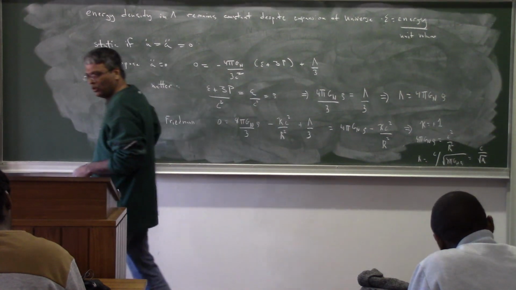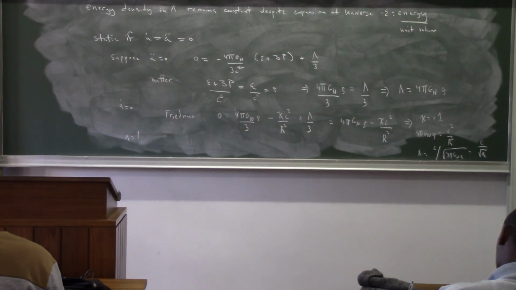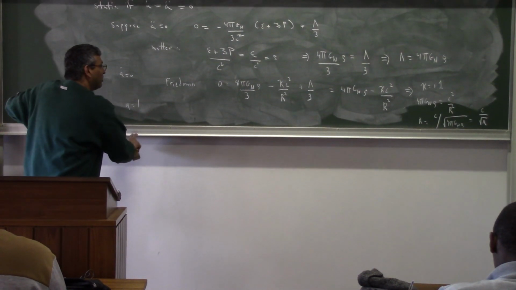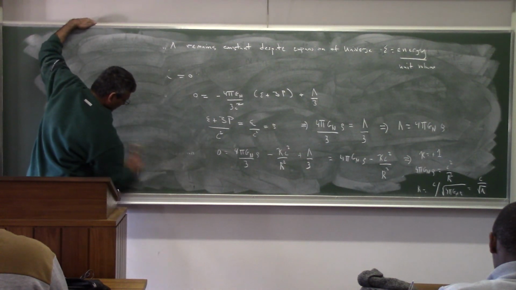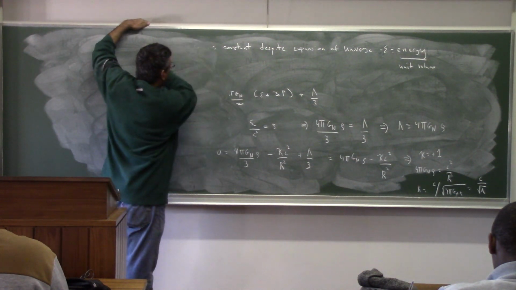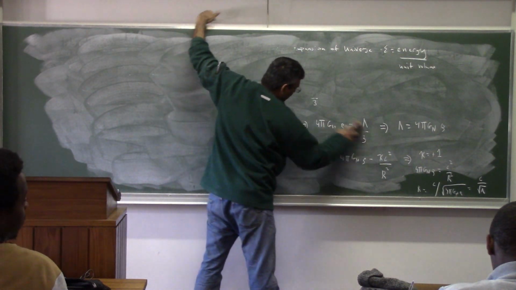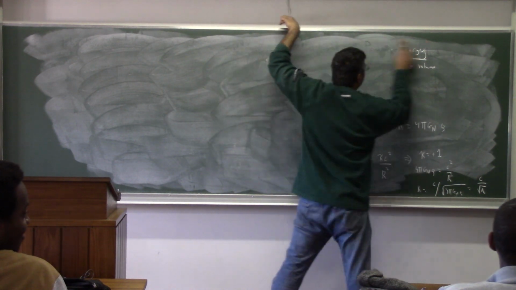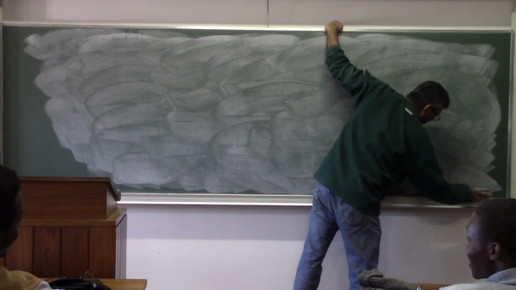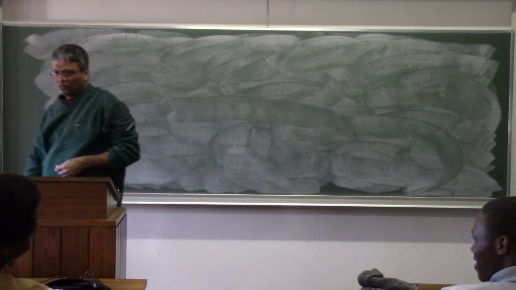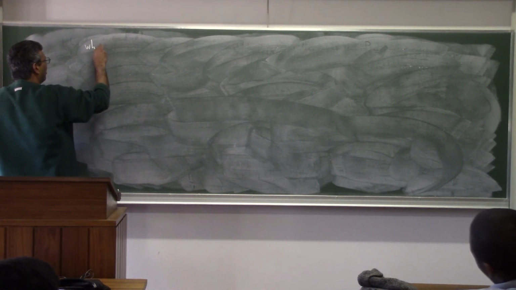Okay, so we have this cosmological constant. It's doing some very strange things. What is it? How do we make sense of this? So, what is the cosmological constant?